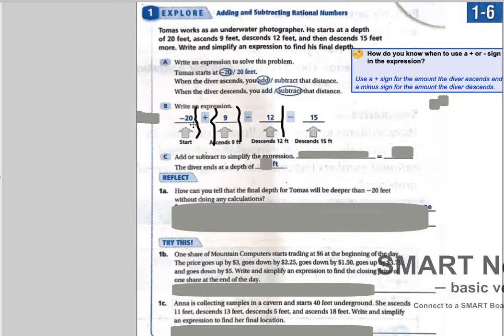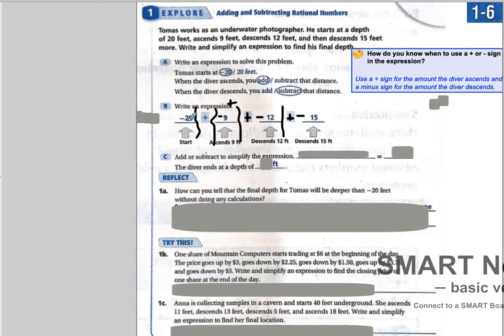So when we have negative 20 plus a positive 9 minus 12 minus 15, you can, like I said, also think about it in terms of adding negatives, right? You can think about that, adding negatives and combining those terms.